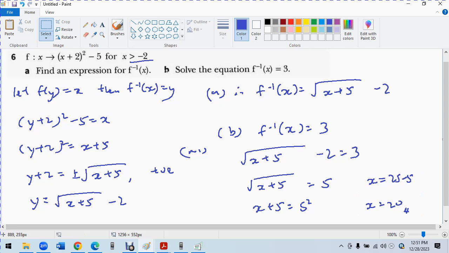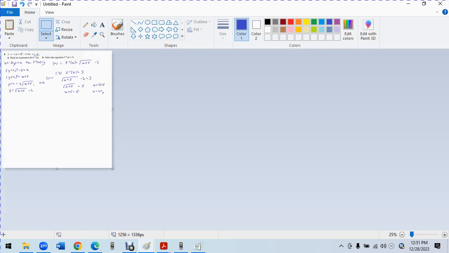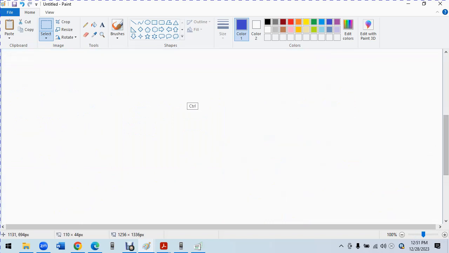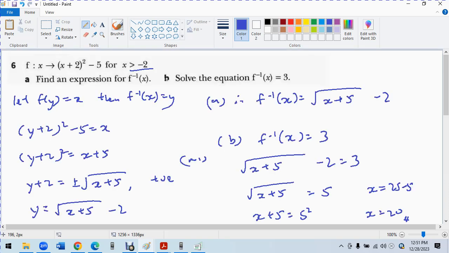But for this question, we have another method to solve it. This is something more powerful, if you are strong in your concepts. We know that x will be f of 3, because the f inverse will move to the other side and become f.